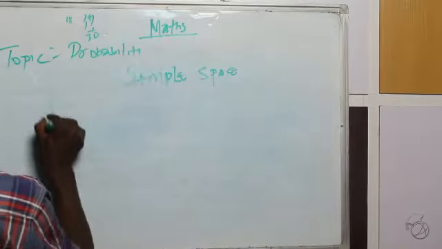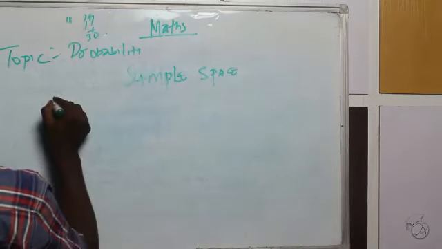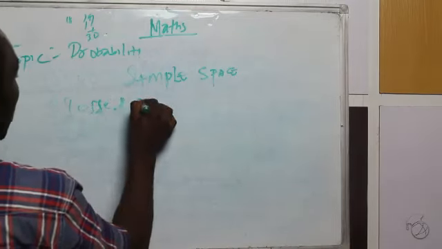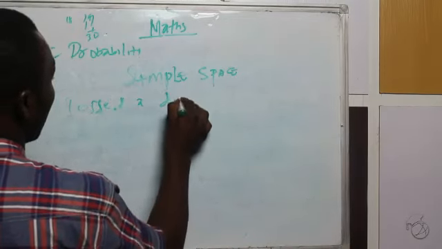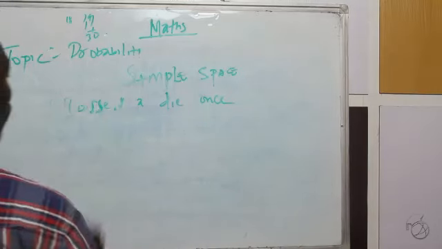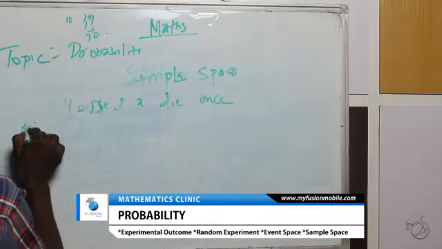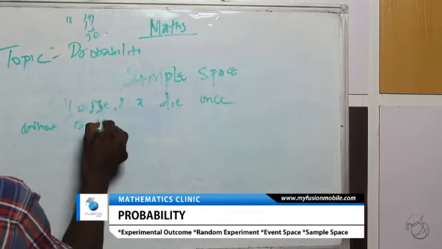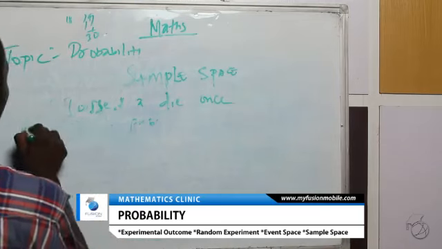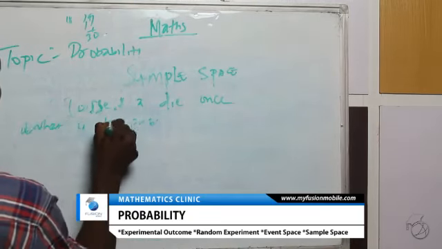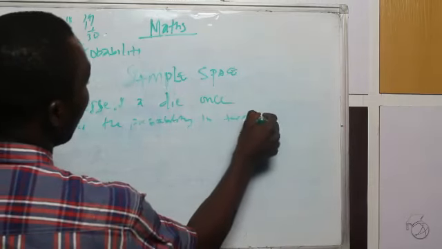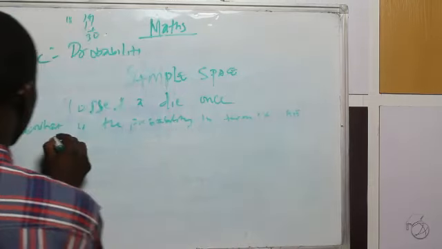Suppose we toss a die once. What is the probability in terms of its sample space?